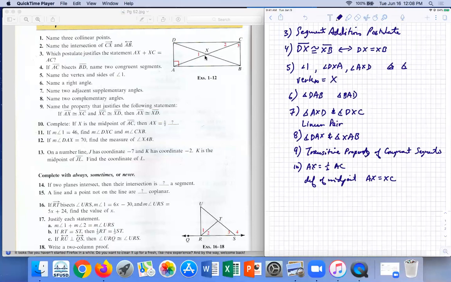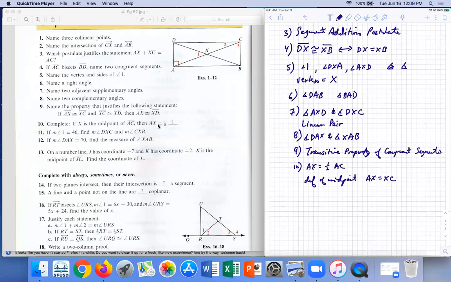Or sometimes it'll say two of AXs will equal one AC. So if the statement has to do with the whole segment, then it's the theorem. If it's just dealing with equal parts equal to each other, then it's just definition of midpoint.